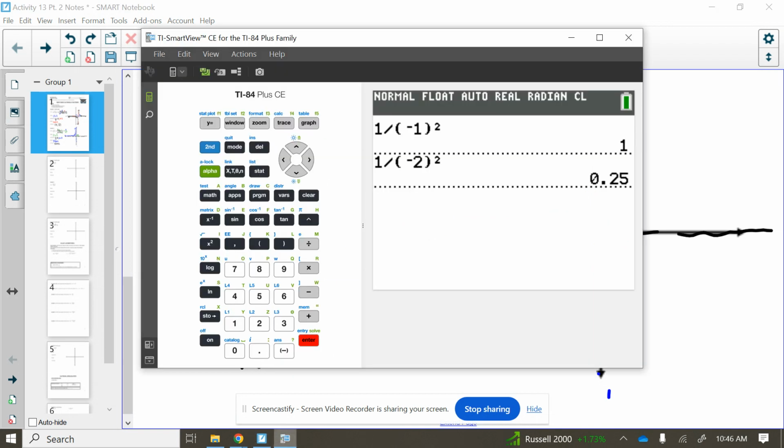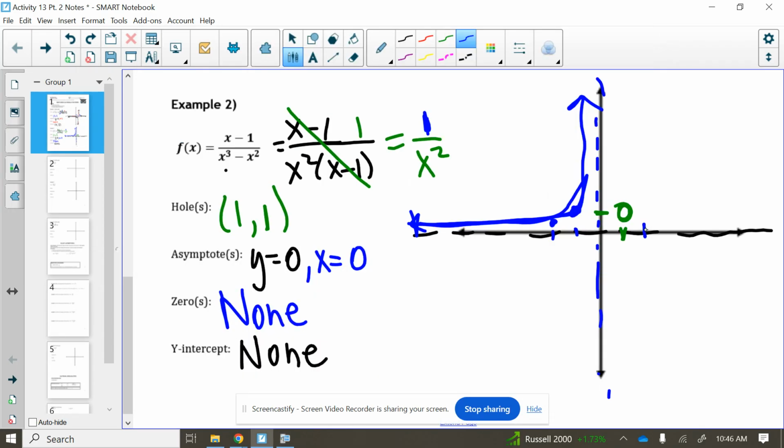We already have that hole at (1, 1), so if we test out a point like x equals 2 and plug it into our equation, we again see that this is above the x-axis, and this time we have that rational function approaching our two asymptotes.